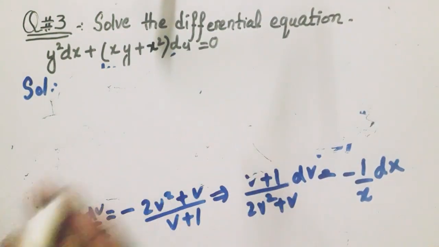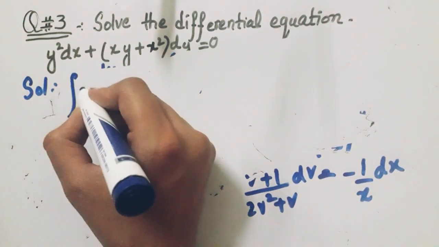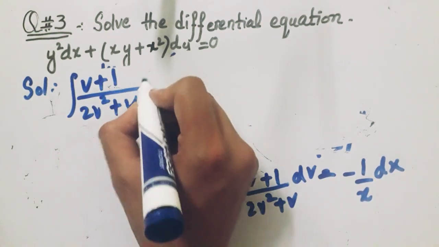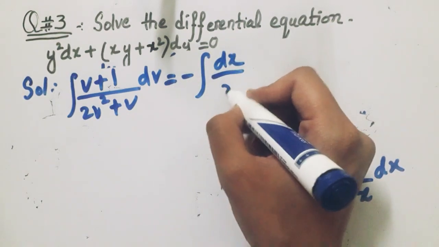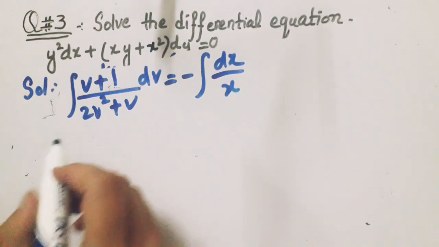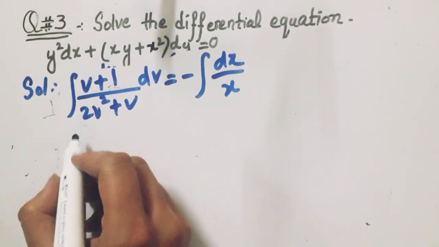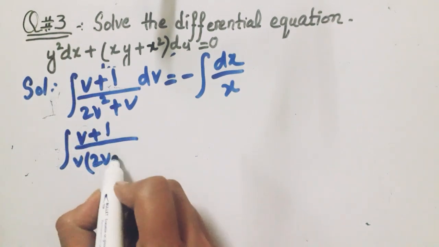So we will integrate this. Integration of (v plus 1) divided by (2v squared plus v) dv is equal to minus of dx by x. We will integrate this side with respect to v and this side with respect to x. So if we take v as common from this, v plus 1, then v, 2v plus 1.